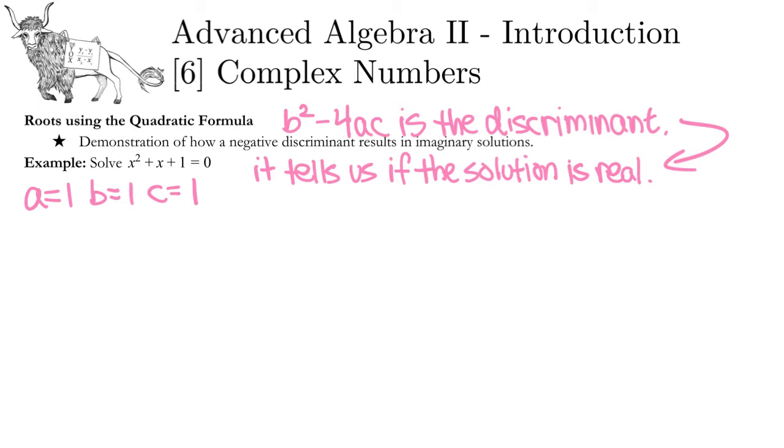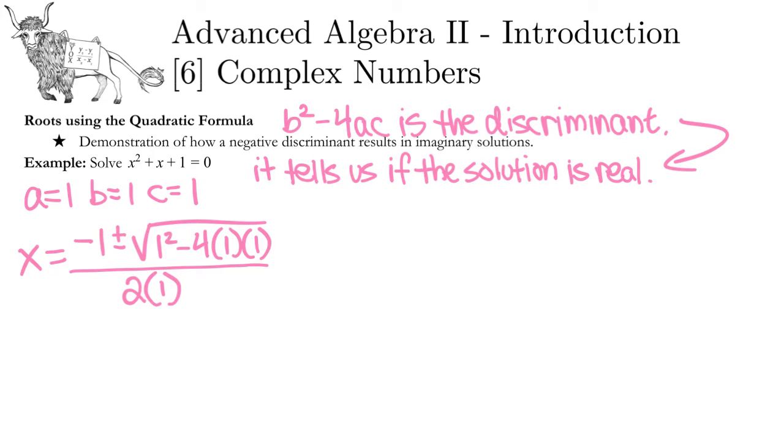Here are the solutions. x equals -1 plus or minus the square root of 1 squared, b squared, minus 4 times 1 times 1, minus 4ac, all divided by 2 times 1.